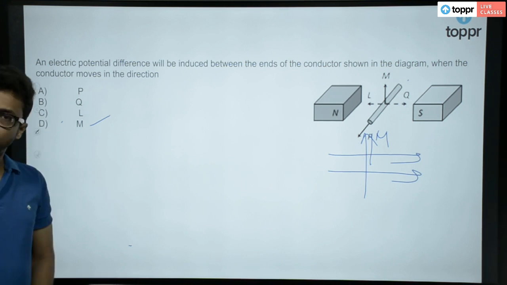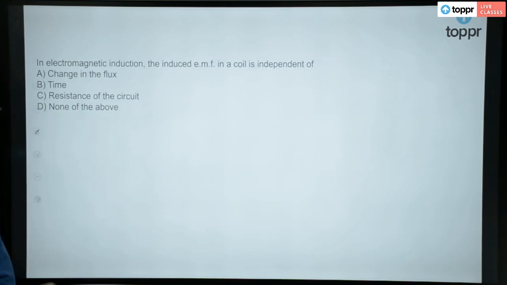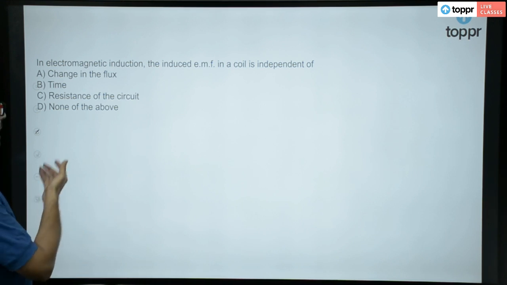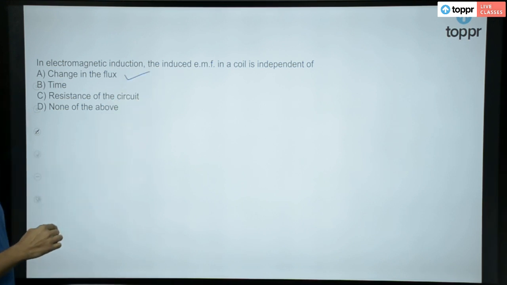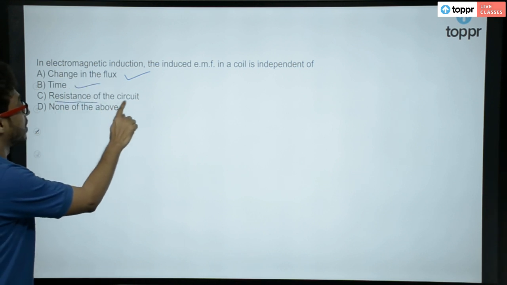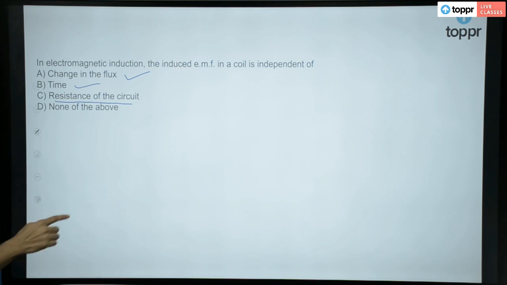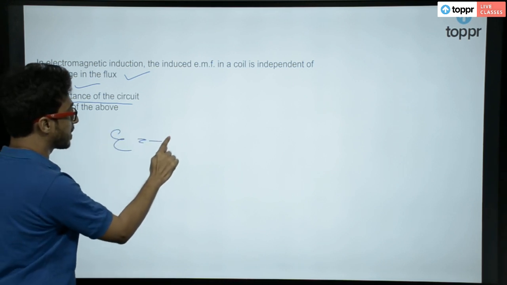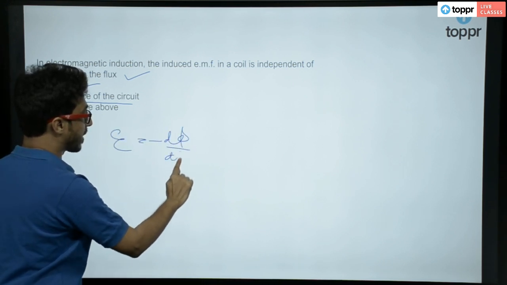Moving on to the next question. In electromagnetic induction, the induced EMF in a coil is independent of... It is dependent on flux, it is dependent on time, but it is independent of the resistance, because E is nothing but minus d phi by dt.